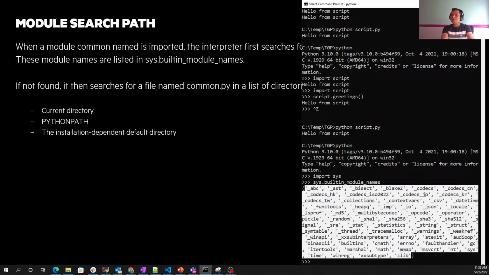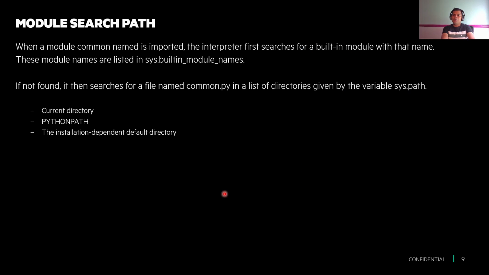These are the places it looks first. If it's not found, then we know the current directory, then the PYTHONPATH variable, and then the installation-dependent default directory. So that's very handy whenever we want to do triage.